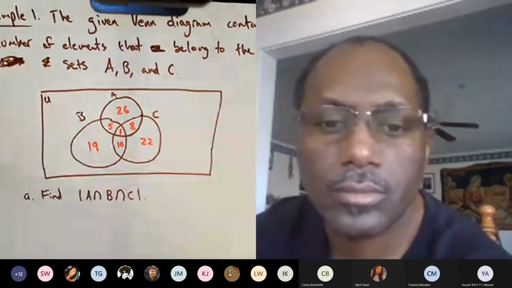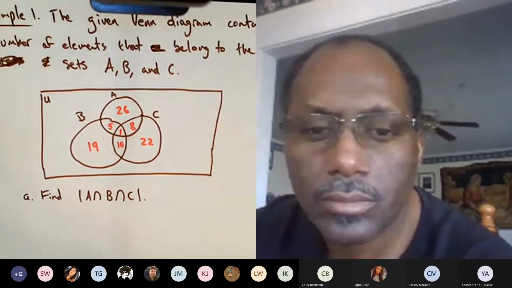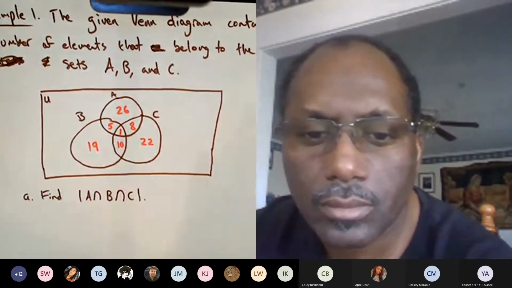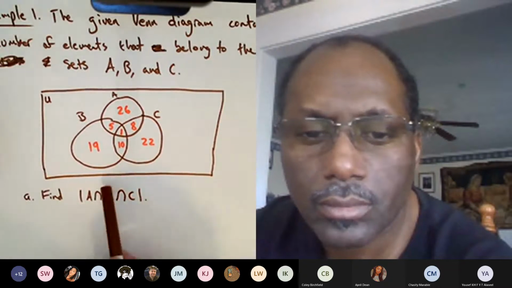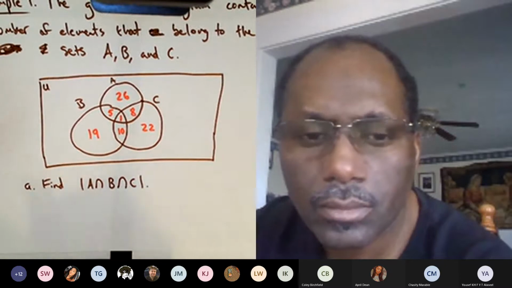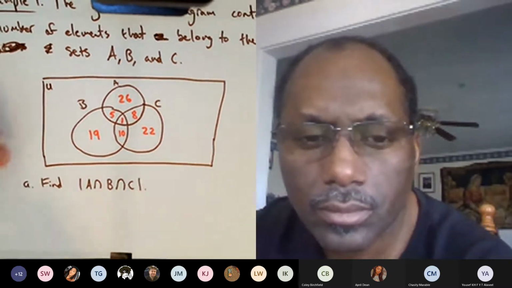When you've got a string of intersections or a string of unions, you don't need parentheses because you can do them in whatever order. It's a minor detail, but if you were worried because you didn't see the parentheses, it's because we're not mixing operations. It's just intersections.